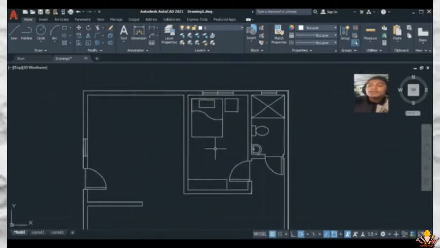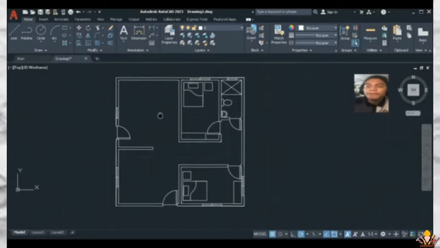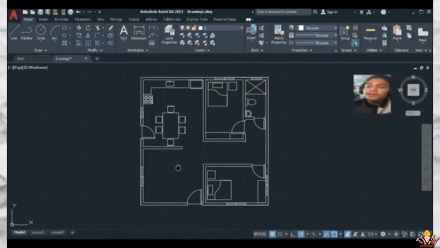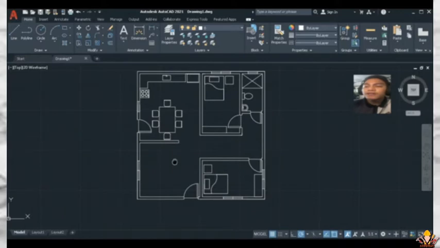The next thing that I will do is the interiors for the dining area and the kitchen area. I am now done with the kitchen area and the dining area. And the last thing that I will do is the interiors for the living area.